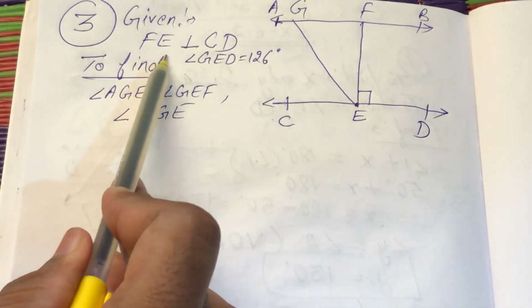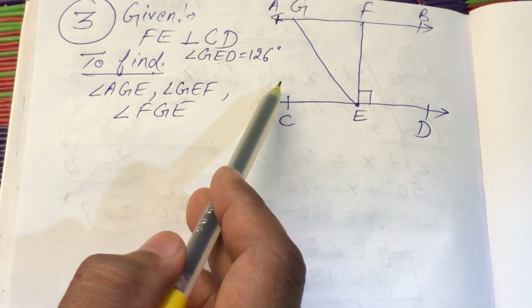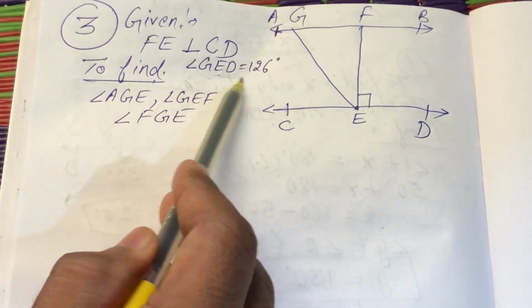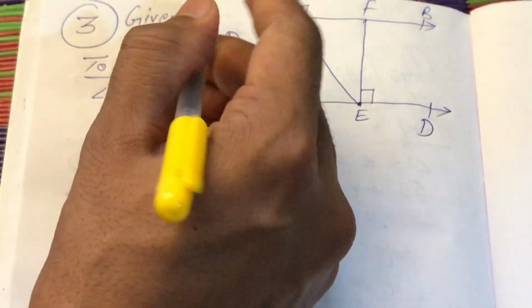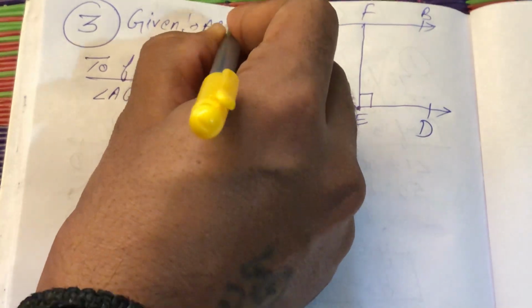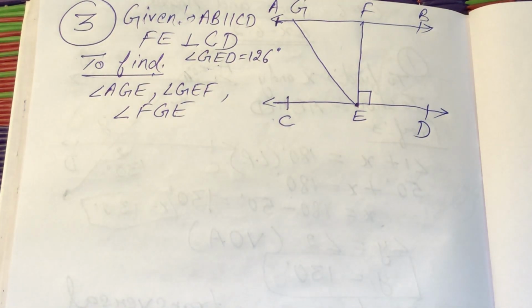We are given with FE perpendicular on CD and angle GED. Let's find out angle GED first. And also these lines AB and CD are parallel. You can write it also. AB parallel CD in your given section. Everything you have to write in your given section. Why do we have to write it?